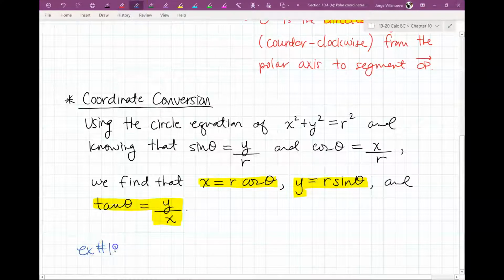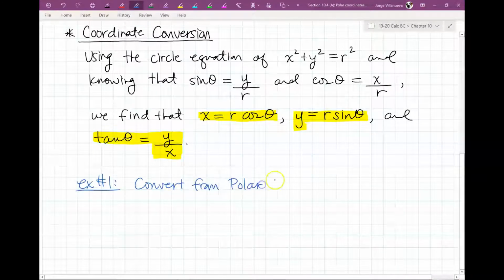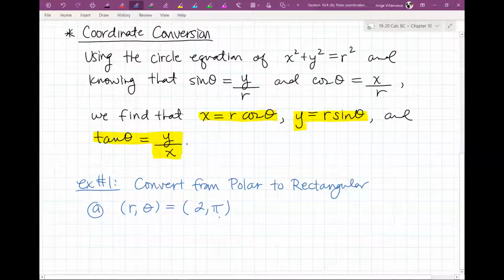So we'll start with example 1. We're going to convert from polar to rectangular. Here's the first one. If r, theta is 2 comma pi, in other words, r is 2 and theta is pi, they want us to convert this into a rectangular point.